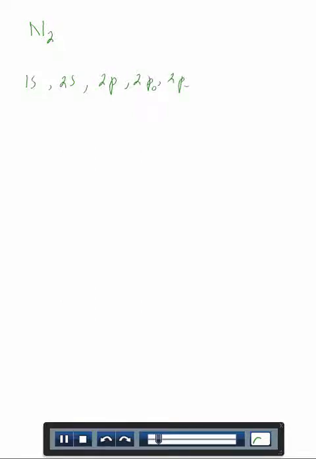So you have the 1, 0, minus 1 for m sub L values. So each nitrogen comes with all of these orbitals, and so if we draw them on an energy scale, I'll put the 1s down here at the bottom, and say the 2s here, that's higher in energy, and the 2p's, so we have 3 2p orbitals.